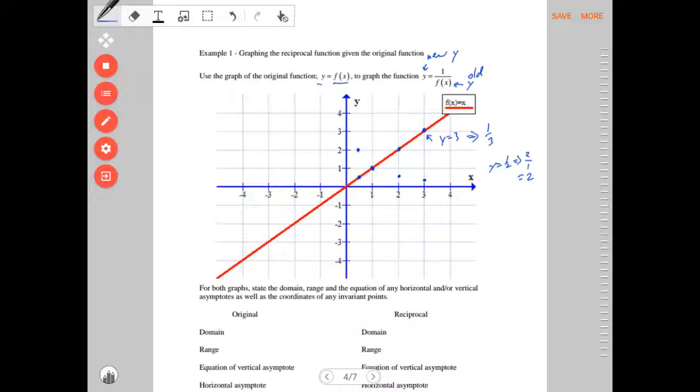Remember, 1 divided by small actually gets bigger. Let's say right down there the y value is 1 over 10. The reciprocal would be positive 10. So let's see, 4, 5, 6, 7, 8, 9, 10. That would be way up here.